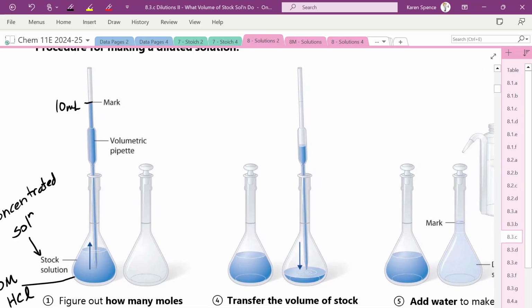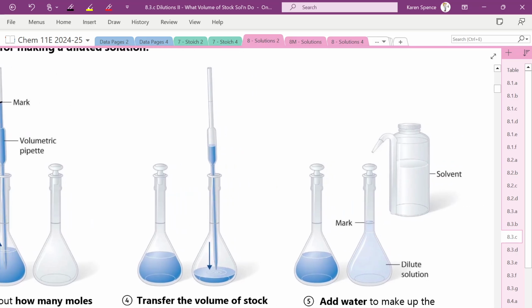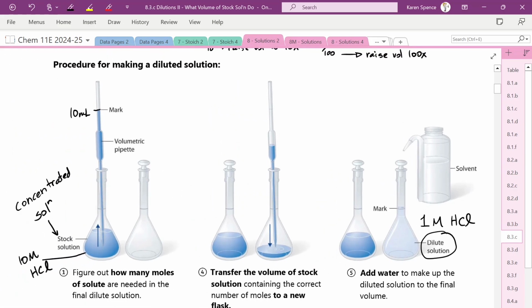Now, what I want to end up with at the end, my dilute solution, I want it to be 1 molar HCl. So I take my 10 milliliters of 10 molar HCl.